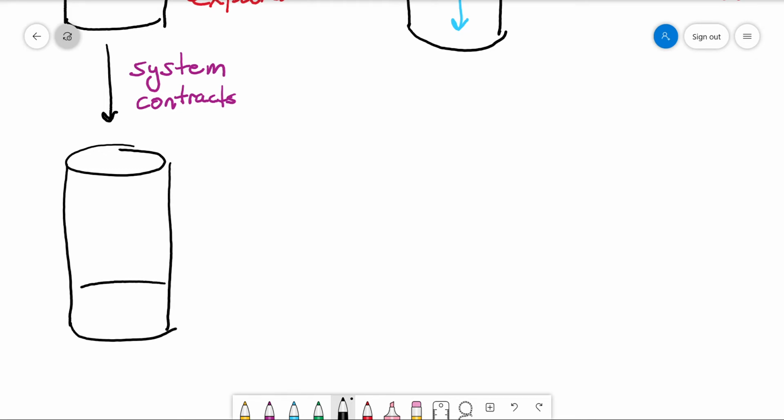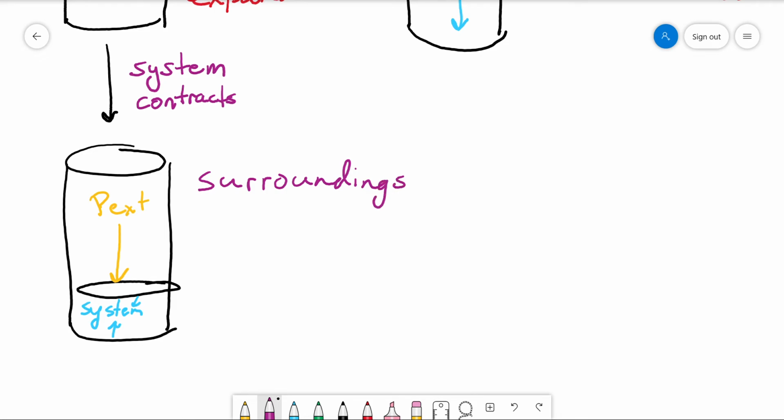Okay, so let's draw our cylinder again, maybe. Okay, and there's our movable piston, and here's our system. The system contracted, but we still have P external pushing down on that. So what happened this time? Well, it's exactly the opposite. Okay, the surroundings did work on the system.